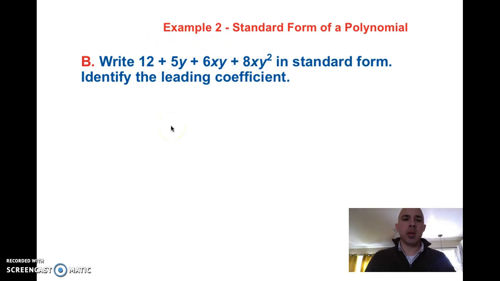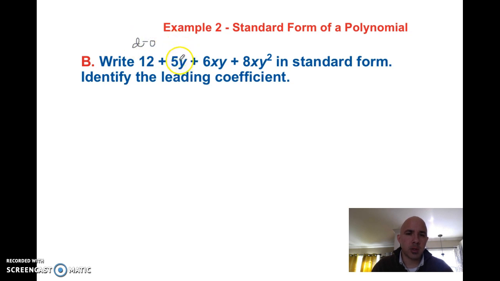This is letter B. We want to write 12 plus 5y plus 6xy plus 8xy squared in standard form. The first thing that I always do is find out the degree of each term. Since there are 4 terms here, we have to figure out the degree for each one. In this case, there's no variable x or y, so this is a degree of 0.